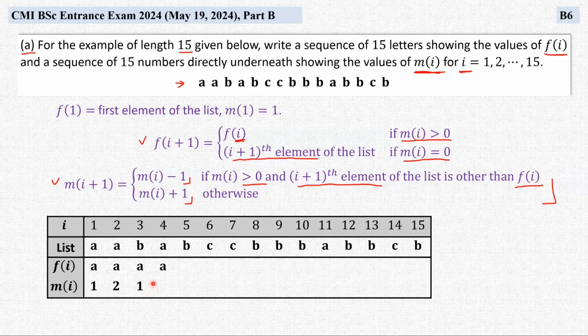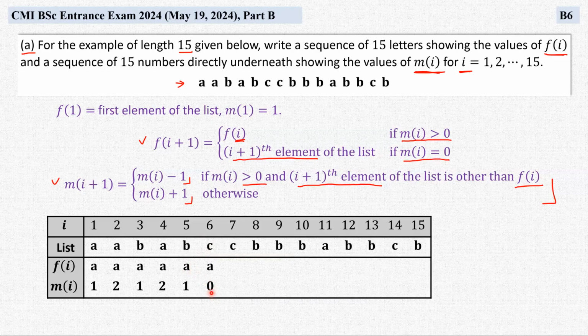m is positive, so f is still a, and these are the same, so m increases. So m is positive, so f does not change, but now we have different elements, so m decreases. Again, m is positive, so f is still a, but c is different from a, so the value of m decreases.